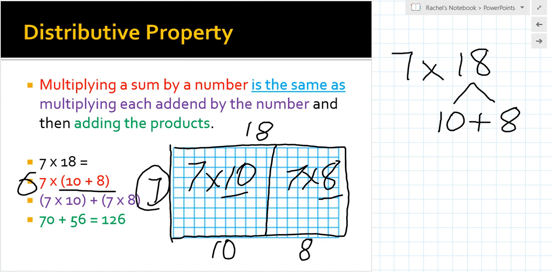The addends are 10 and 8, because 10 plus 8 gives us the sum of 18. By finding these two products, which are called the partial products, we can then add them to find that 7 times 18 equals 126.